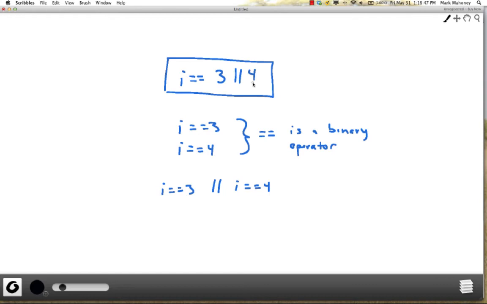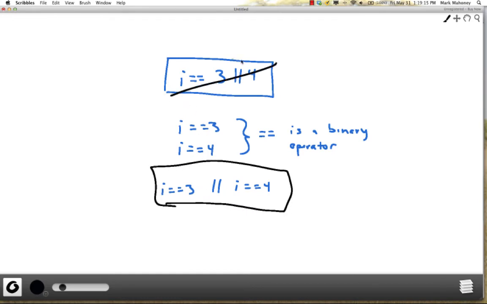Comparing for equality is a binary operation, so we need I compared with 3, and I compared with 4. What we have up here is an equal sign, but we're not comparing I to both 3 and 4. If we want to do that, we must do it like this. This is the correct way of comparing: is I equal to 3 or is I equal to 4?